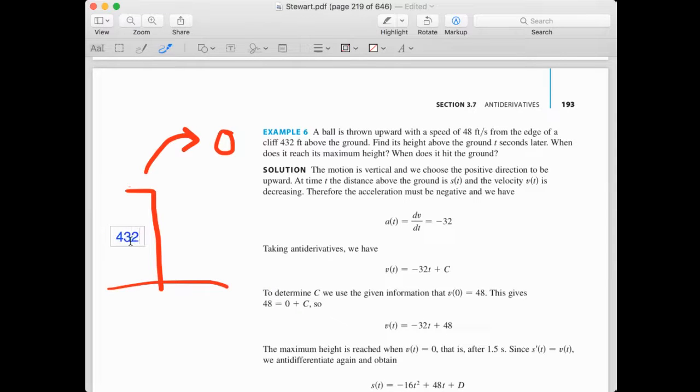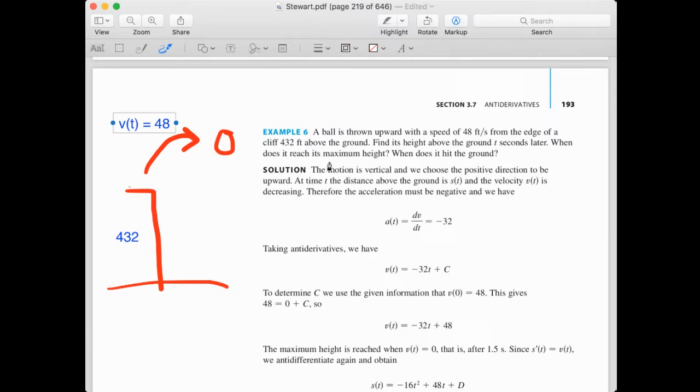So this is 432. And the speed of tossing this up, which is v, the velocity v of t, equals 48. We just think about the speed, thrown upward with a speed of 48.